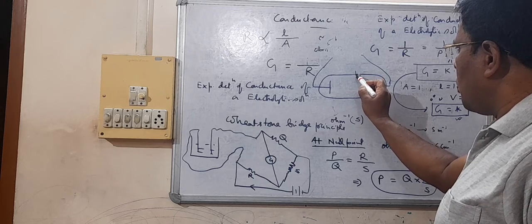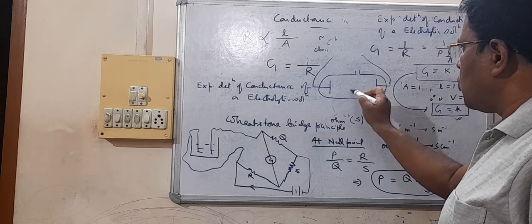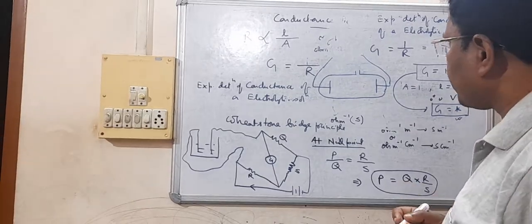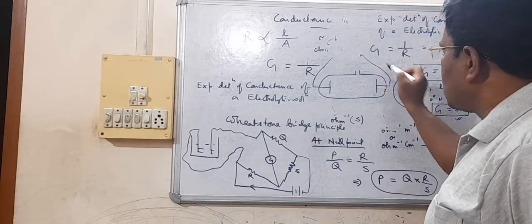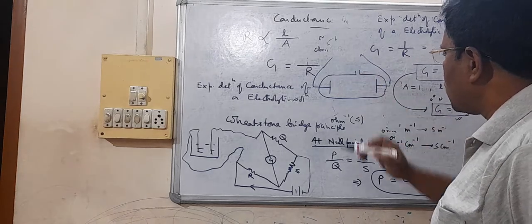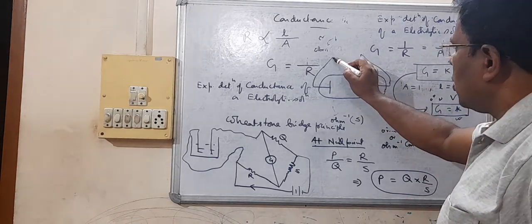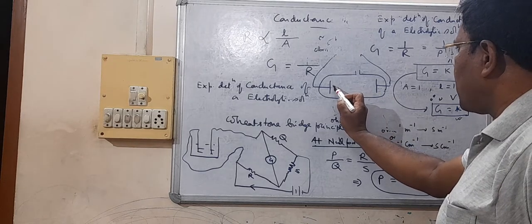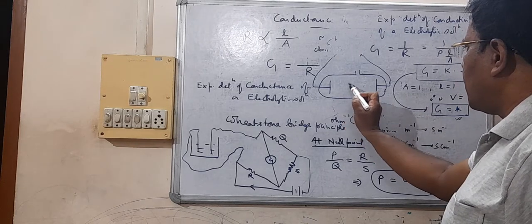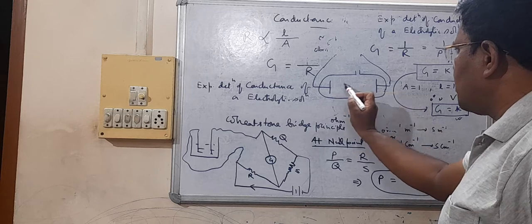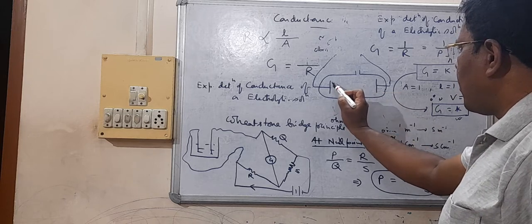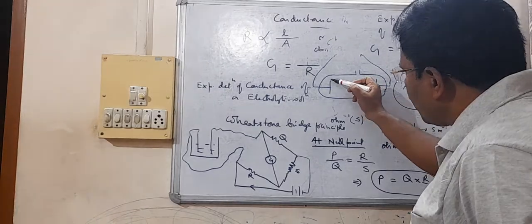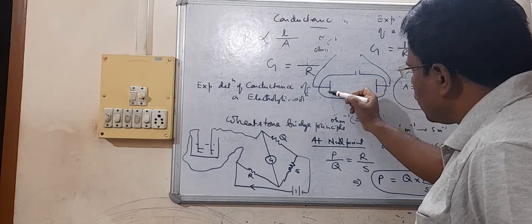This is an opening through which we put inside the electrolytic solution, and this is a wire. These two are electrodes, this is the distance between the electrodes, and this is the area of cross section of the electrodes.